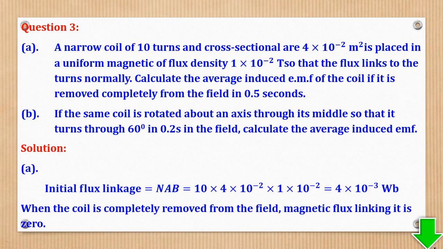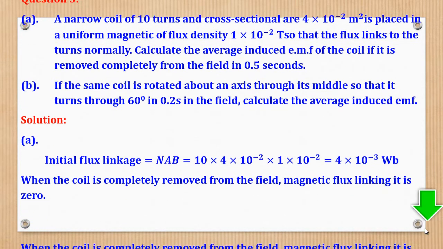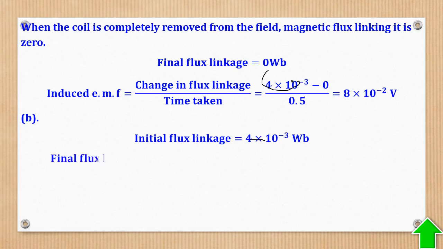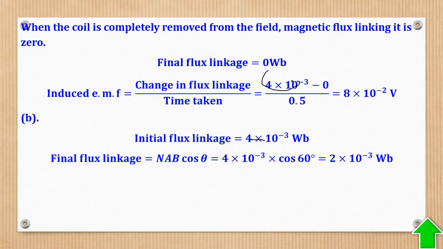So turned through 60 degrees. So yeah, the initial flux linkage is this, we already know that, which was here. But the final is when it is turned through 60 degrees.